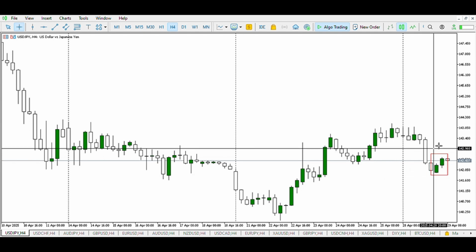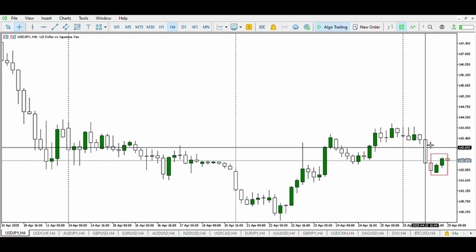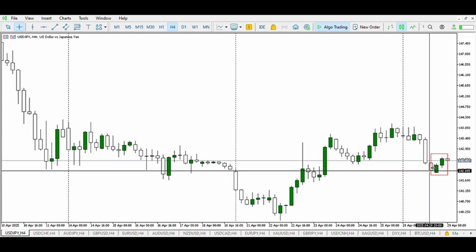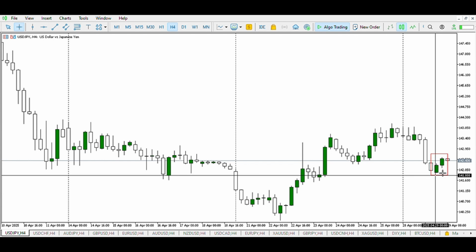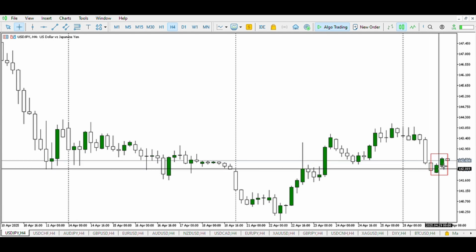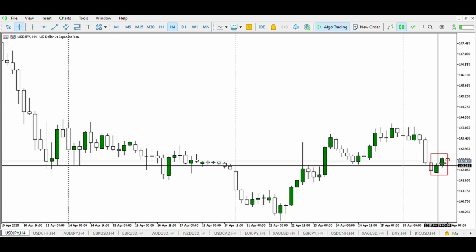So right here on USD/JPY, today is a good day to trade, as most market participants have a positive sentiment towards the market. We can see the market printing out a bullish candle here, and we can see that the buyers are strong in this zone.